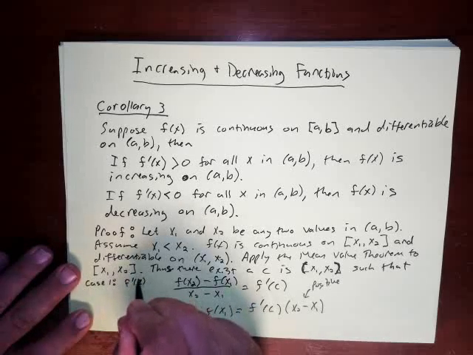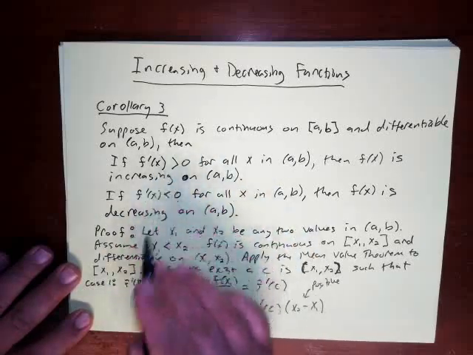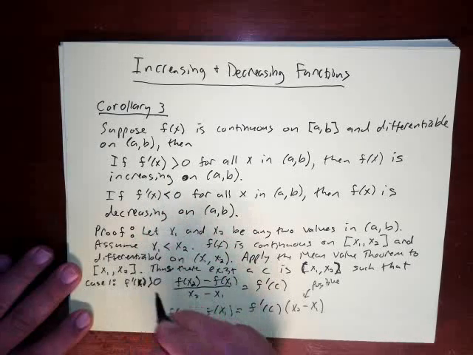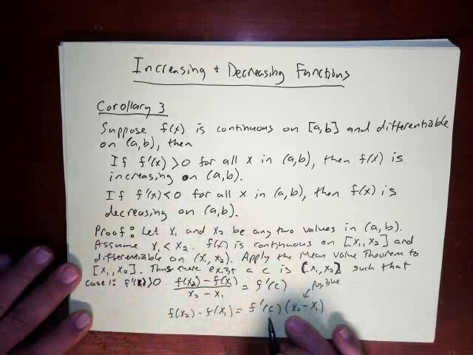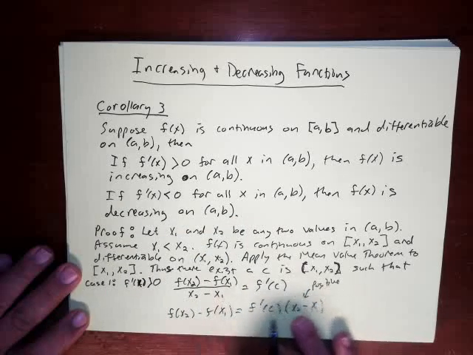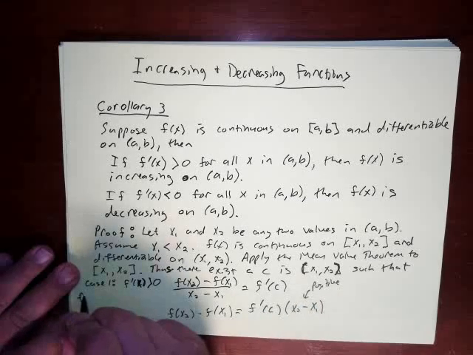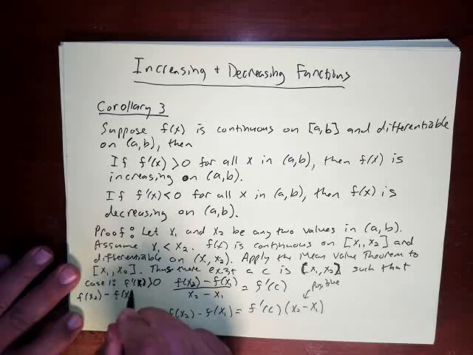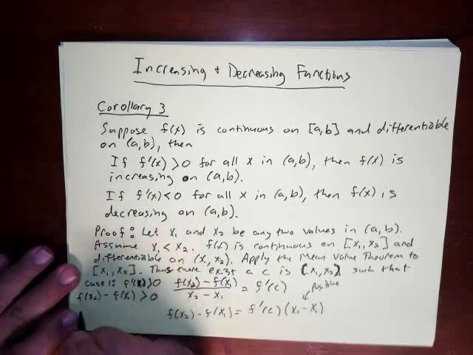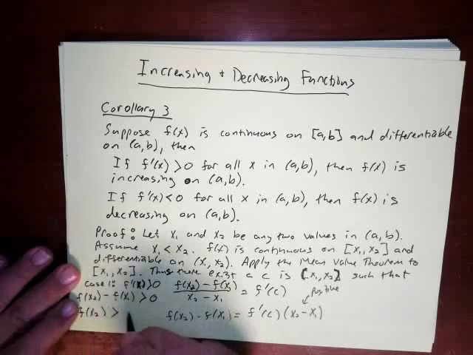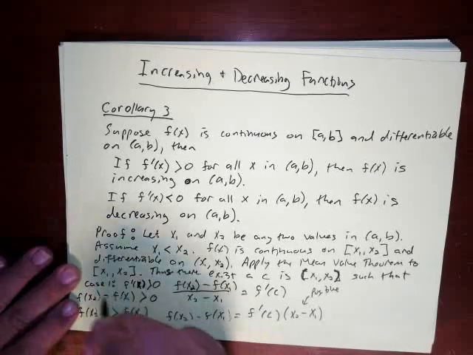One of these two cases would be the case. This is case 1, where the derivative is greater than 0 over the interval, so this is positive. Then the product is positive, so f of x2 minus f of x1 is greater than 0, and you get f of x2 is greater than f of x1, and that's what you needed to show.